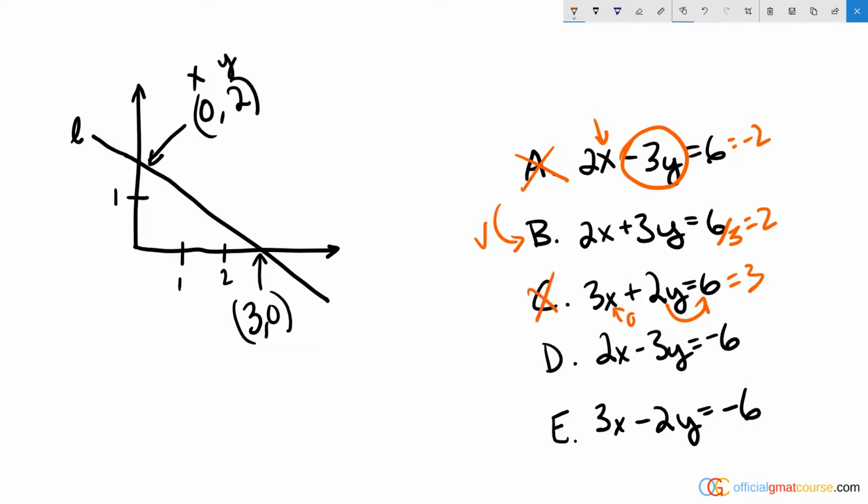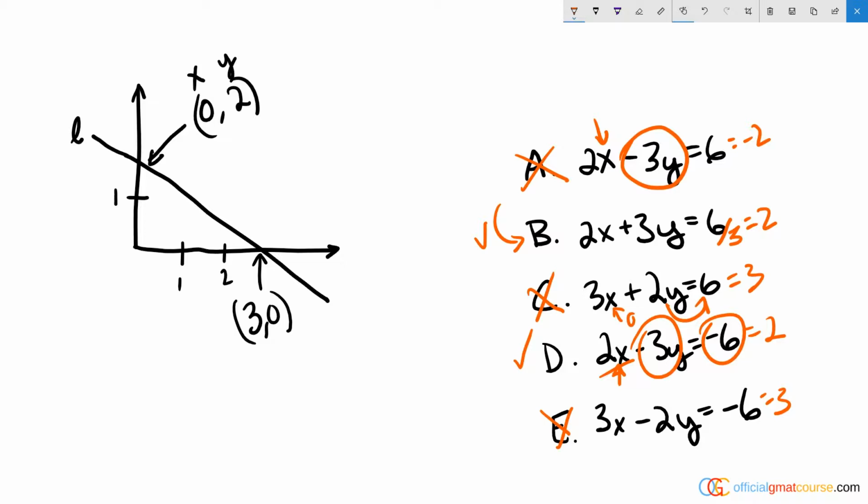So C is out as well. When I look at D, if I divide by -3, the -6 on the right-hand side, when x is equal to 0, wiping out the x side again, I'm going to end up with +2, and so this is in play as well. And then finally, looking at E, if I plug in 0 for x and I divide -2 across, I'm going to end up with +3 for y, and that removes E from the equation.